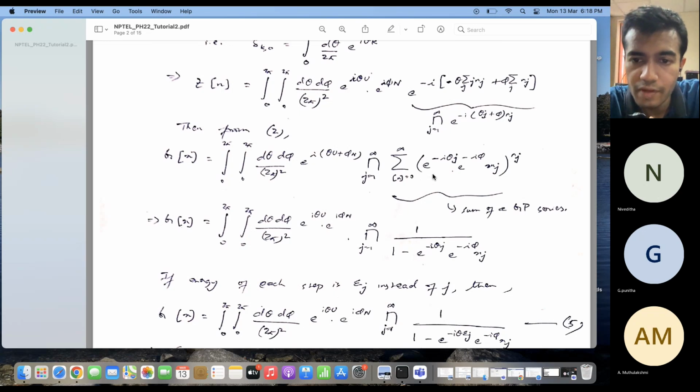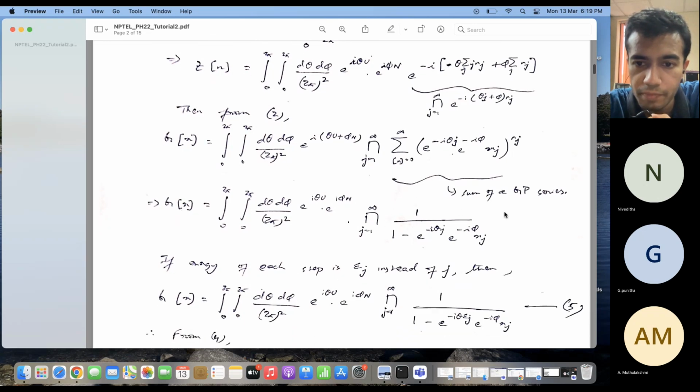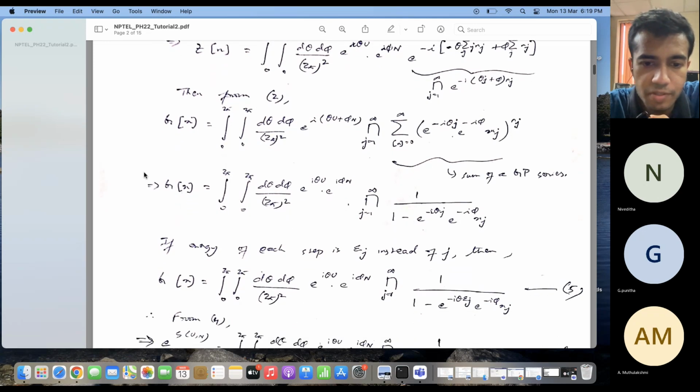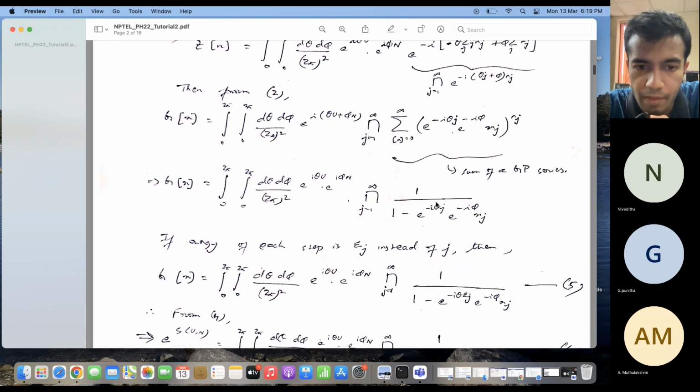If you have a series like e to the power x, into some quantity, going from 0 to infinity, then this summation turns out to be 1 by 1 minus that quantity. That is what we have done over here. We have written this summation in this particular form, and this is the final expression of G(x) which I get.